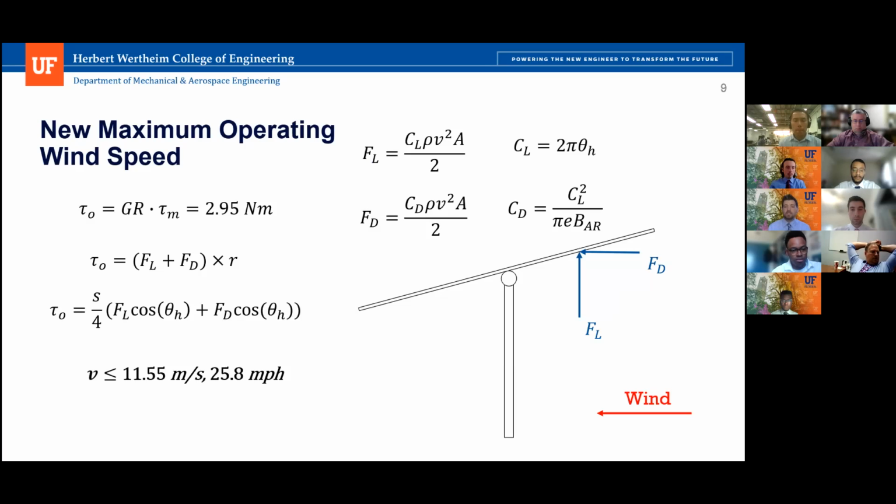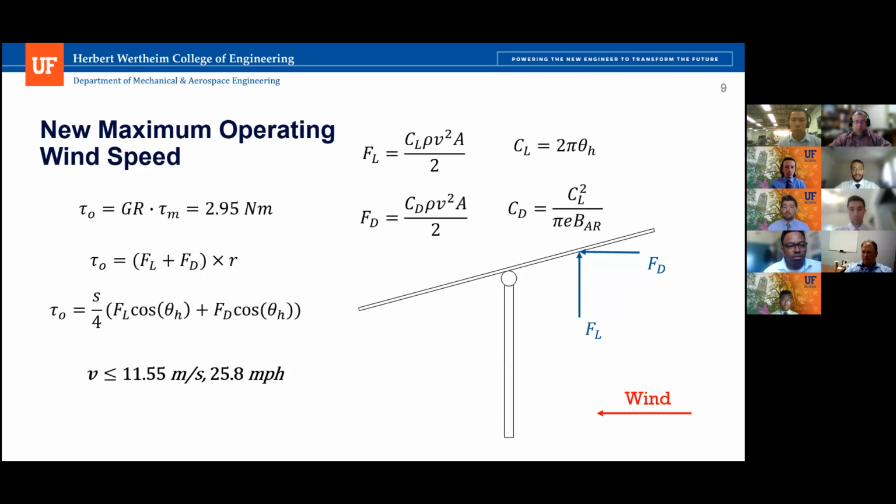With the increase in the gear ratio, that also increases the output holding torque of our Heliostat. So multiplying the motor's holding torque by the gear ratio, we get an output torque of 2.95 Newton meters. And using the same thin airfoil approach with an angle of 10 degrees, we get a new maximum operating wind speed of 11.55 meters per second, or 25.8 miles per hour.